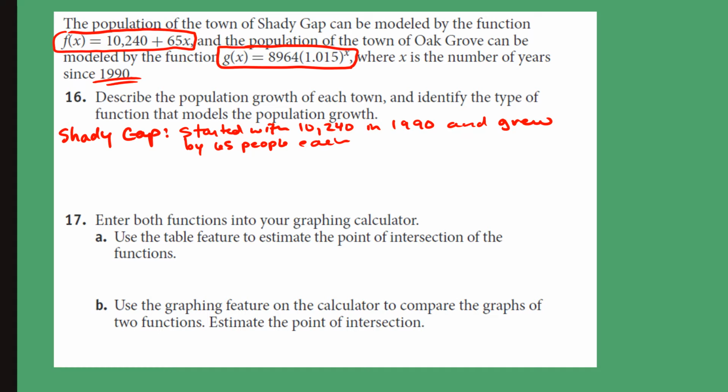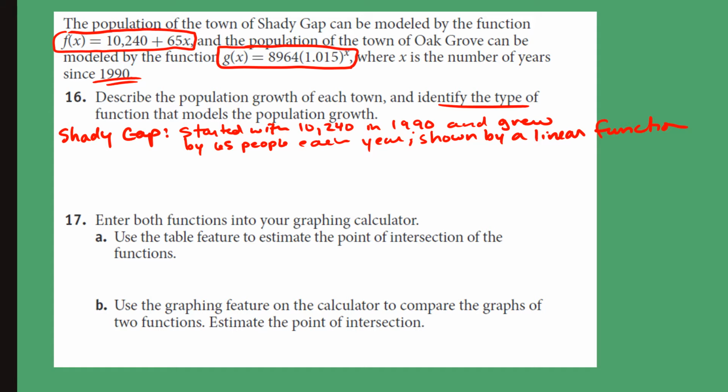Because that's a linear function there. And it wanted us to talk about that. Identify the type of function. So this is shown by a linear function. It had a constant rate of change of 65, so it's just increasing 65 people every year.